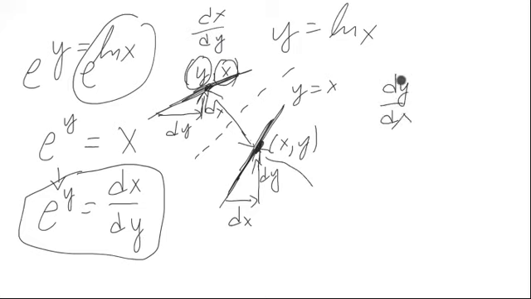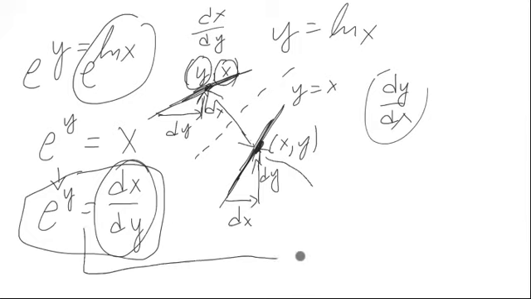The derivative over here is going to simply be the reciprocal of this. So pretty much all we do to this equation is we take the reciprocal of both sides.